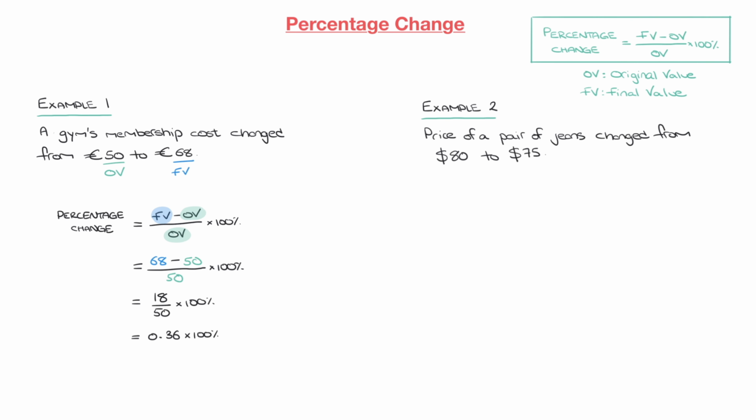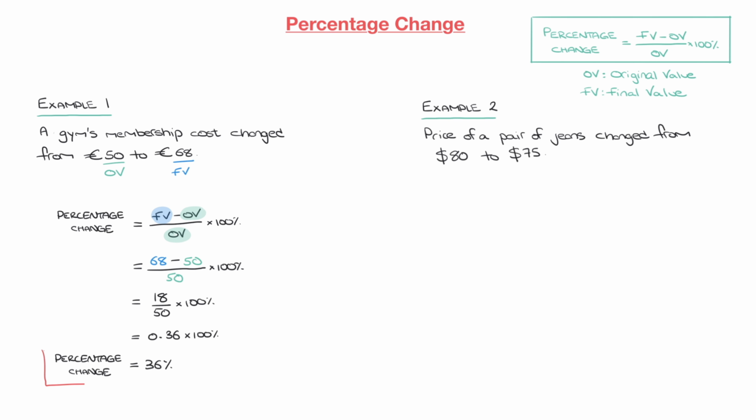All that's left to do now is multiply 0.36 by 100. And of course, we make sure to leave the percentage sign at the end. To find 0.36 times 100, all we have to do is move these digits 2 steps to the left. In doing so, we quickly find that the percentage change is equal to 36%.